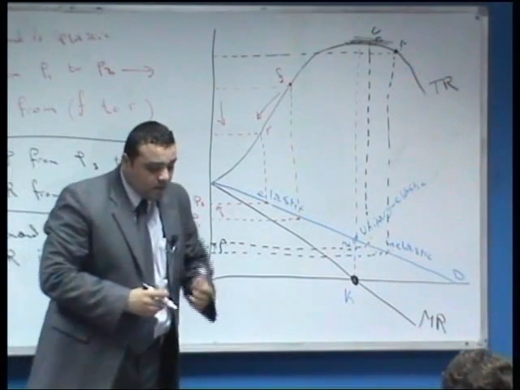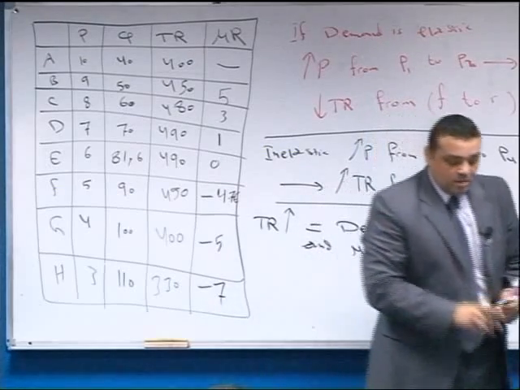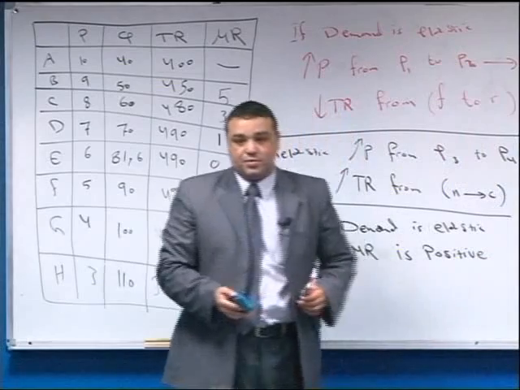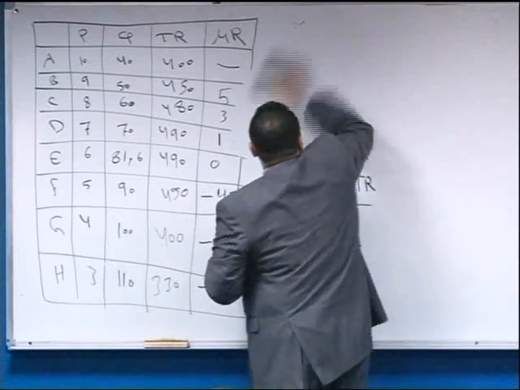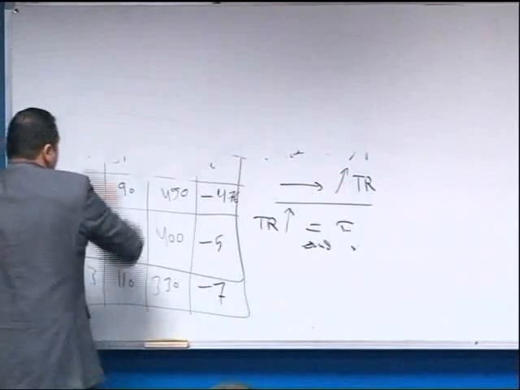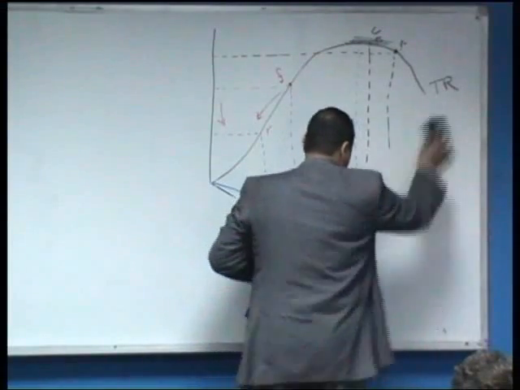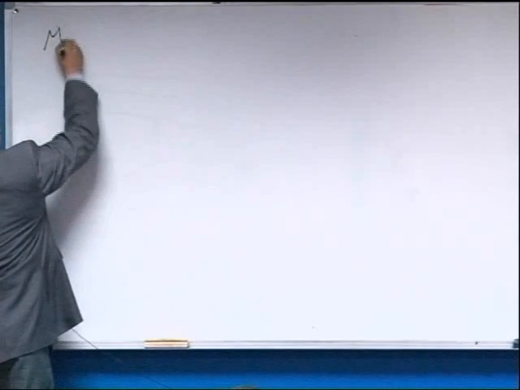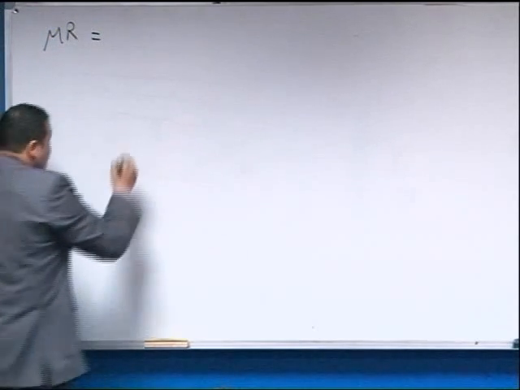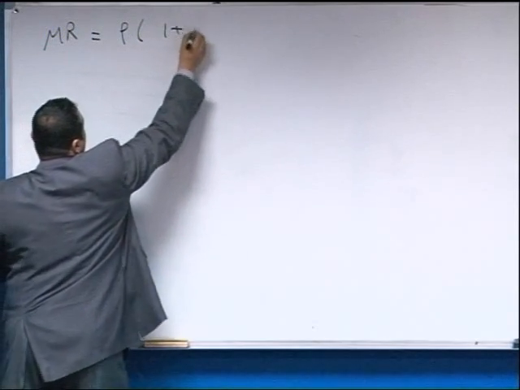Okay. Let's go to another formula to calculate the marginal revenue, which is MR equals the price times 1 plus 1 over ED.